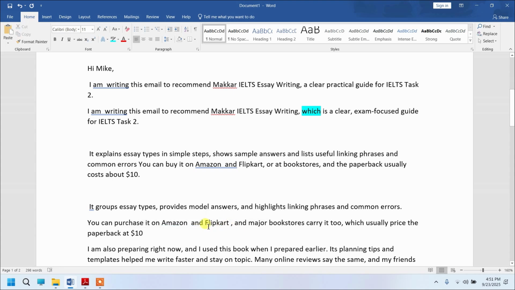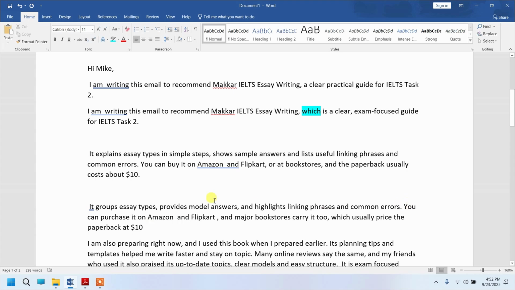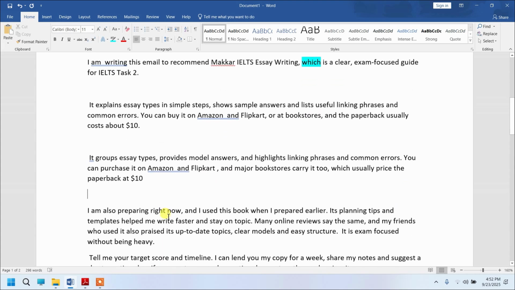If I'm writing a listing, then I don't need to write 'and' here because I'm writing in a different way. These two are separate, and I'm saying and major bookstores carry it too, which usually price the paperback at $10. What I have done here, well, this was also a compound sentence. This sentence is also a compound one, so not that much change. But anyway, a little bit I have changed the vocabulary.